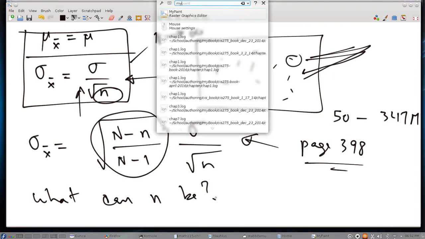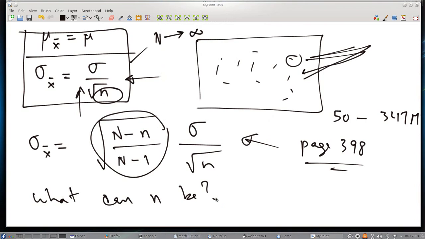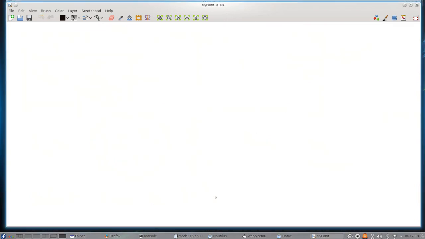Let me start with the first one, which is also affirmed by what we call the central limit theorem: if n is less than 30, and you need to pay close attention to this, I don't believe that the book clearly states this, so take this carefully.